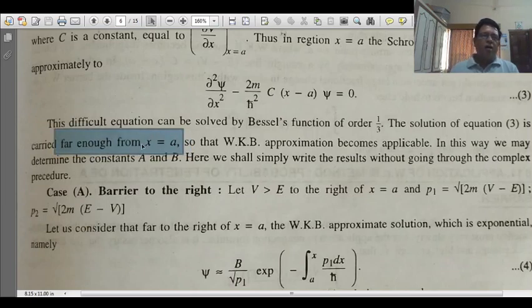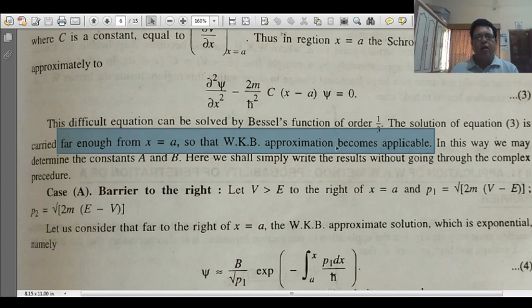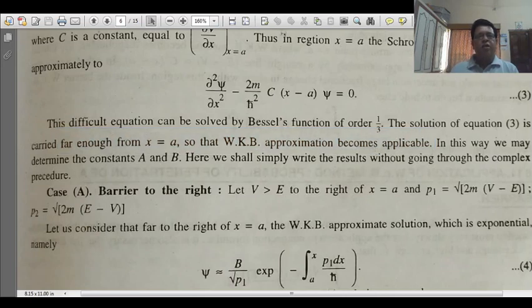What are we trying to do? We are trying to solve this equation far enough from x equal to a, where the WKB method is applicable, because near x equal to a the WKB method is not applicable. In this way we will determine the constants A and B.